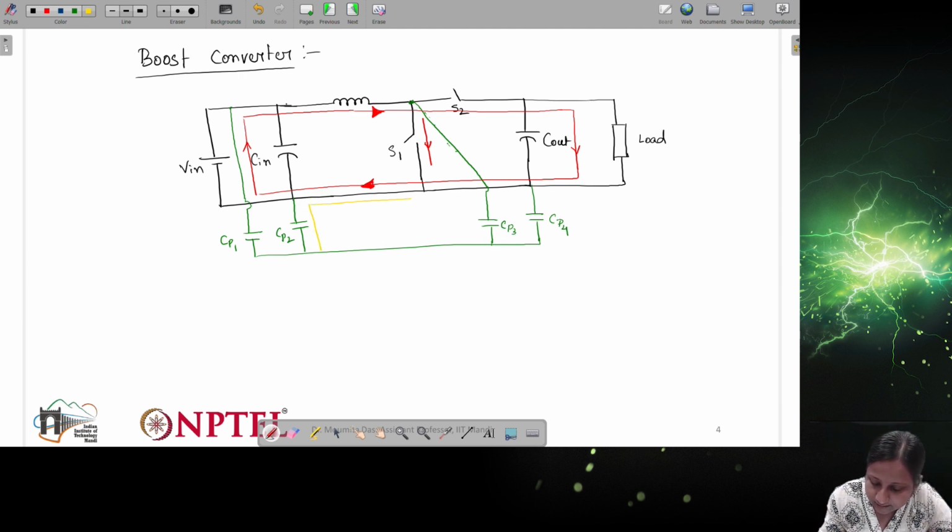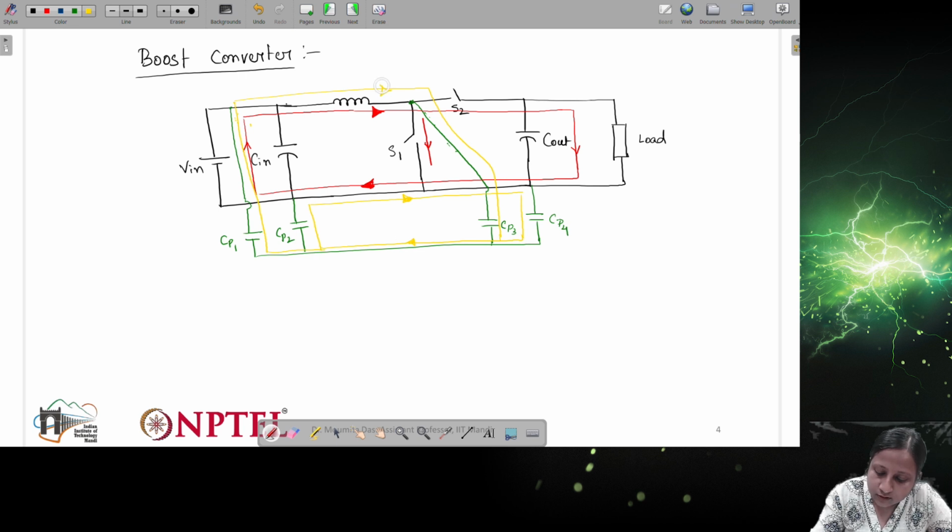It will go like this, and through this capacitance it will have a return path. Similarly in this one it will go like this. So we just connect this return path.